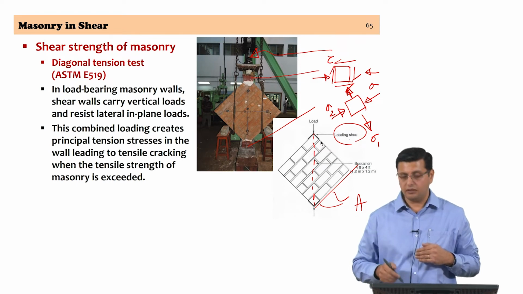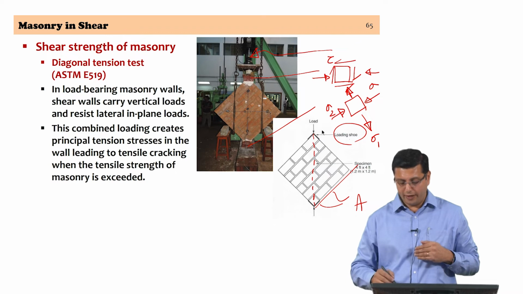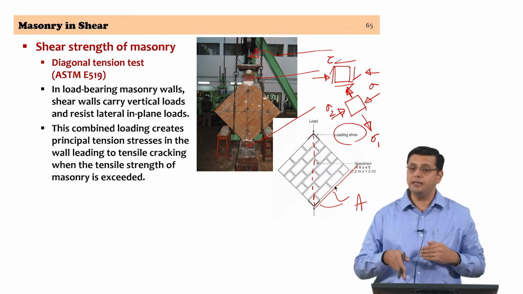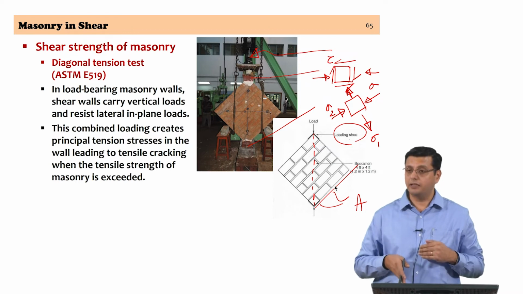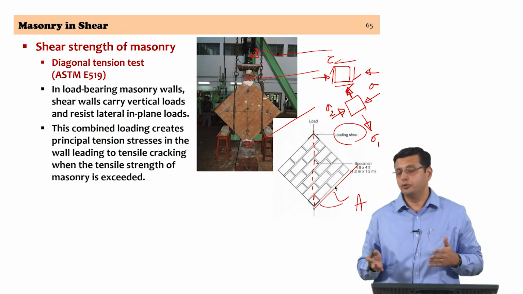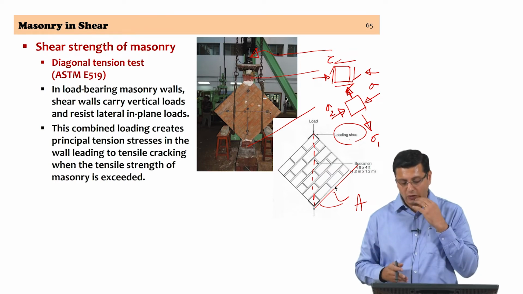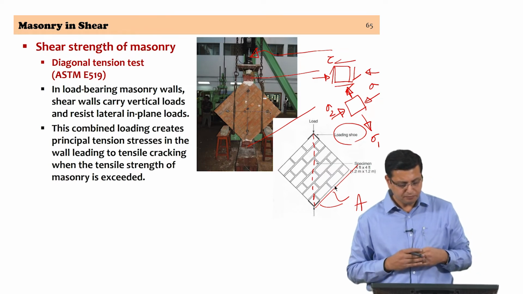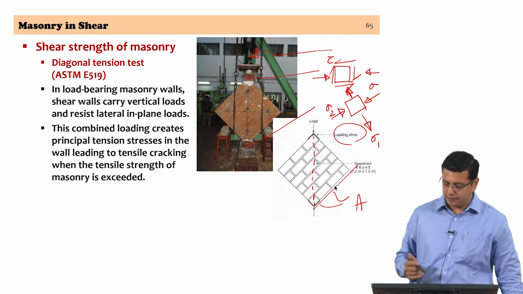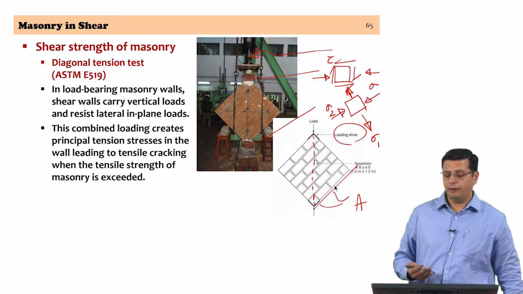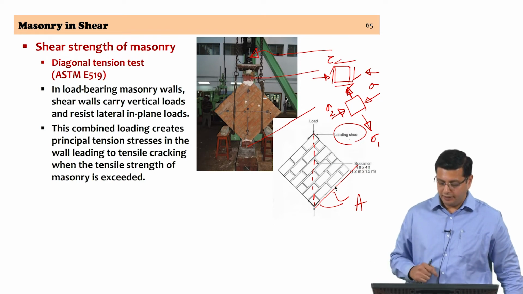However, it is seen that if you take the total load and divide it by the area of cross section given by the vertical dotted line that I have shown here, you do not get the right estimate of the stress at which the failure is occurring, and hence a correction factor has been introduced to account for the right value at which failure occurs.